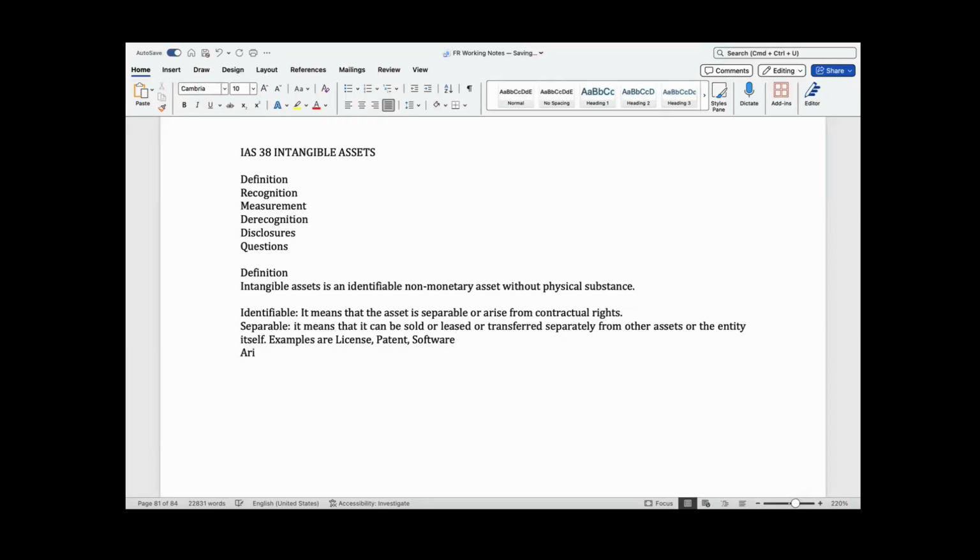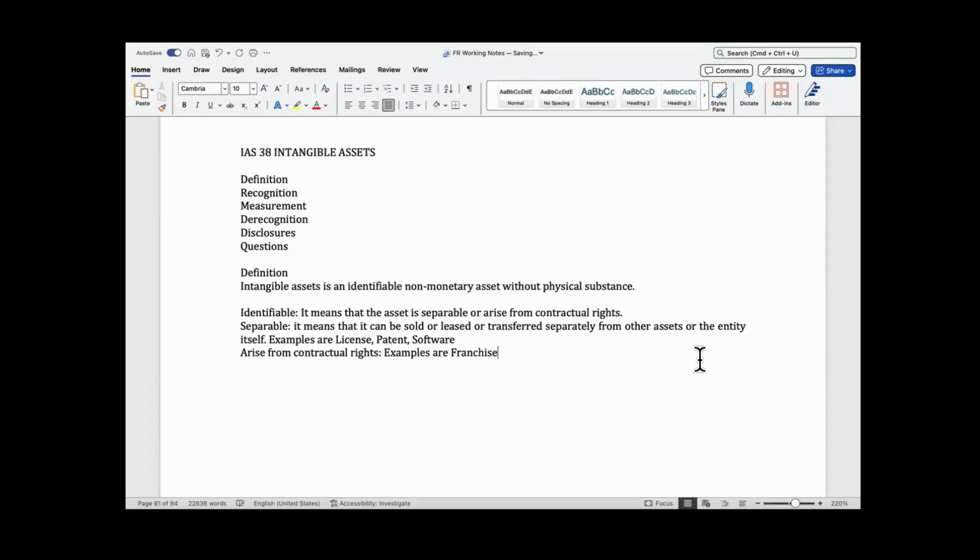Or arising from contractual rights. So typically, this explains what it means: an asset that was birthed through a contract. Examples of such assets, basically, we have a franchise.